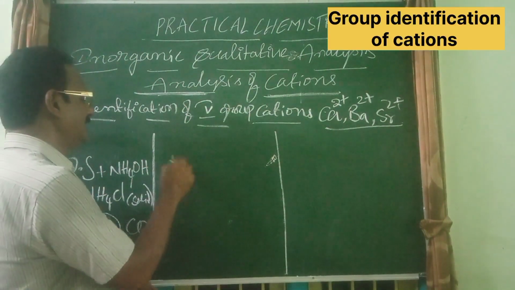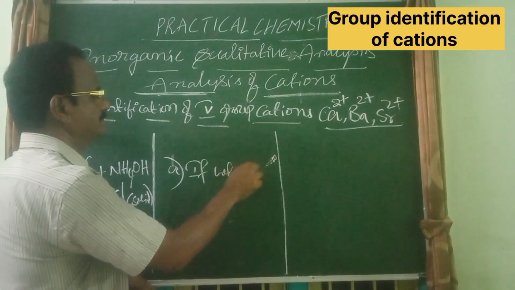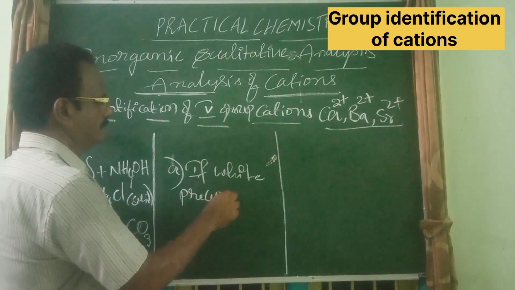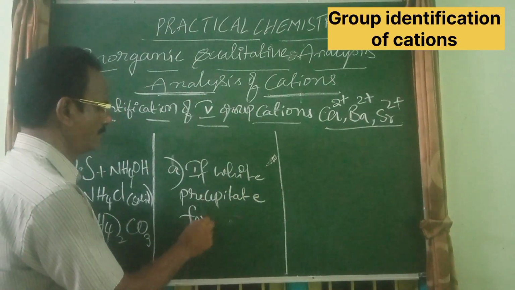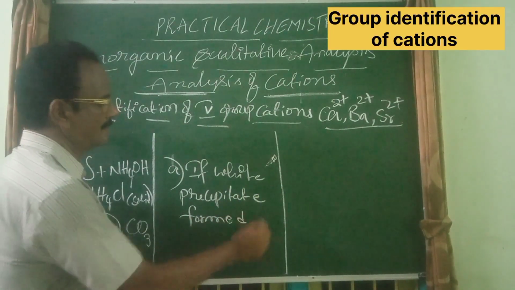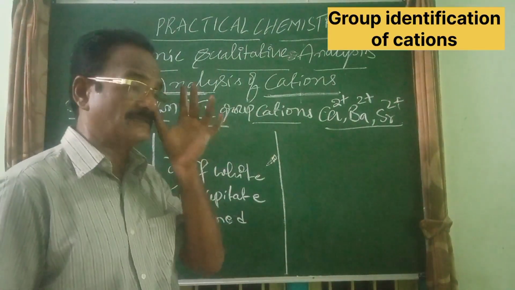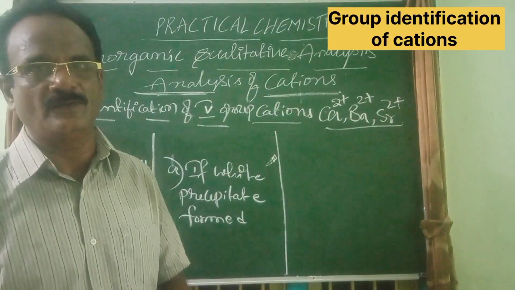Then here, if white precipitate is formed, okay, here you can expect two observations. If precipitate is formed, if precipitate is not formed.